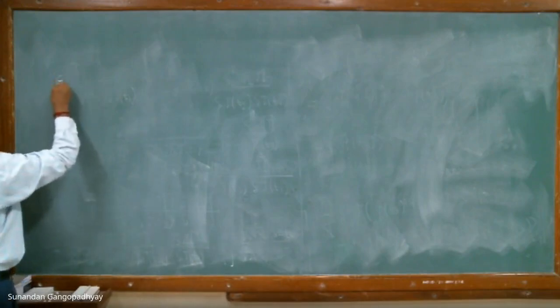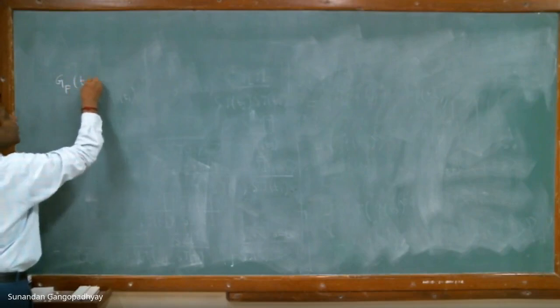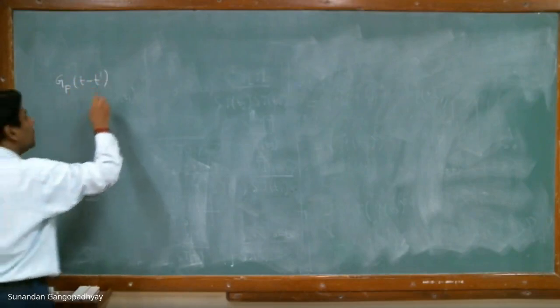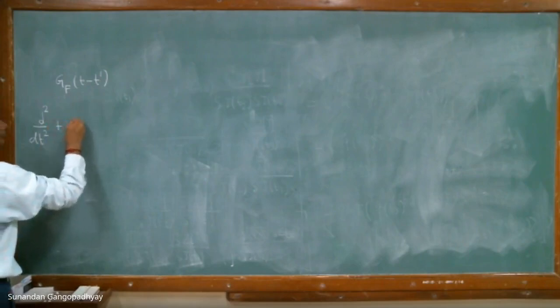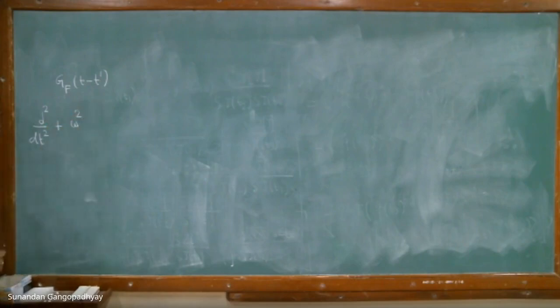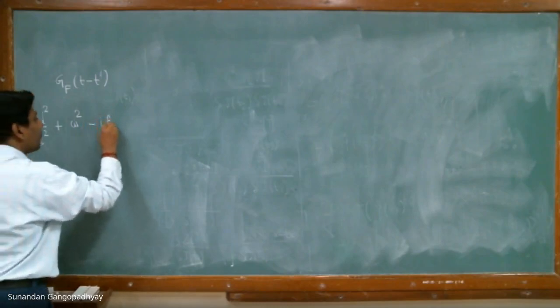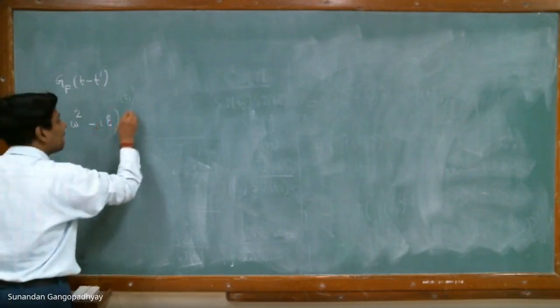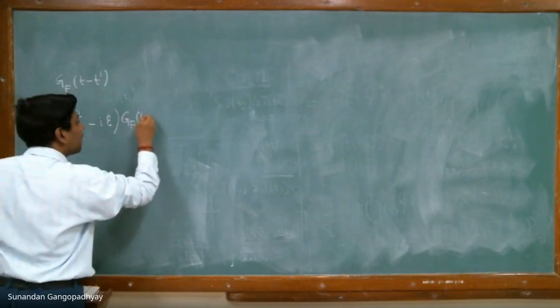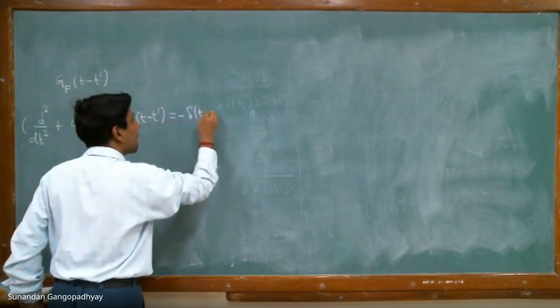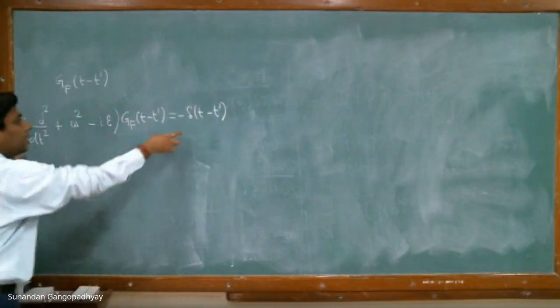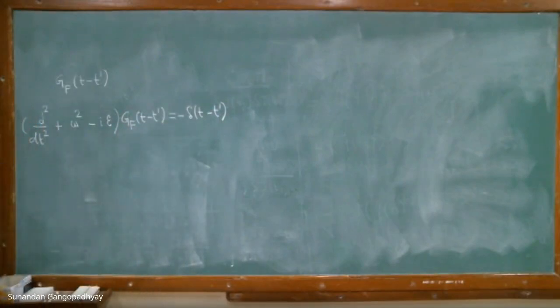So remember that Gf of t minus t prime is the Feynman Green's function, and the Green's function is defined by this equation, okay?